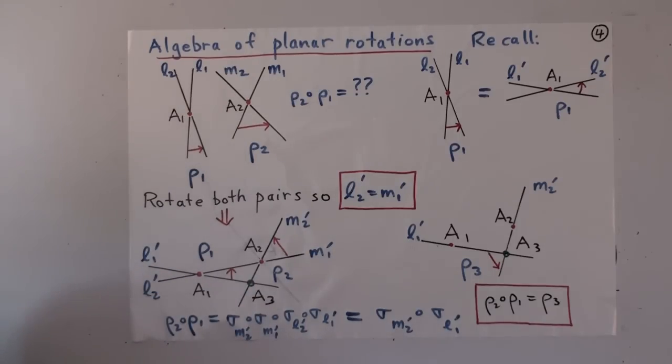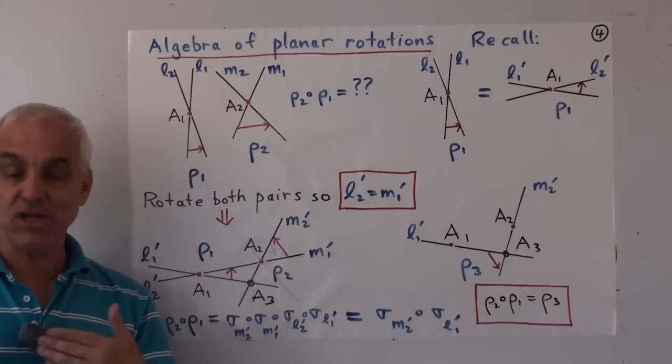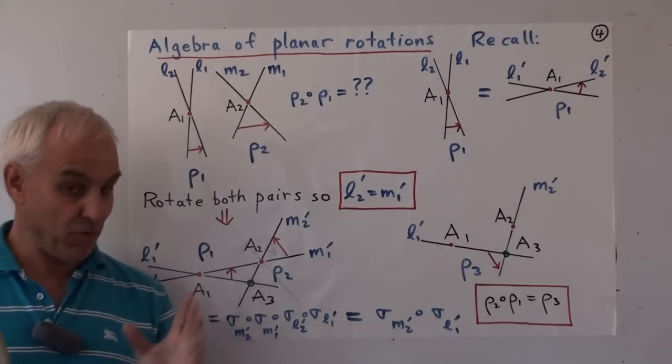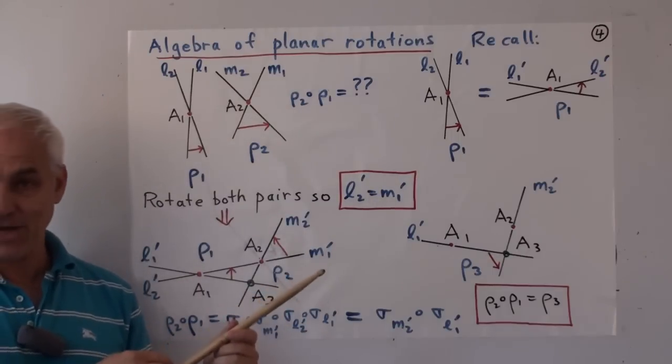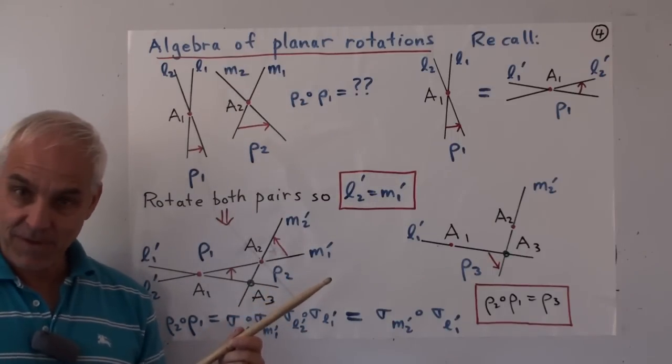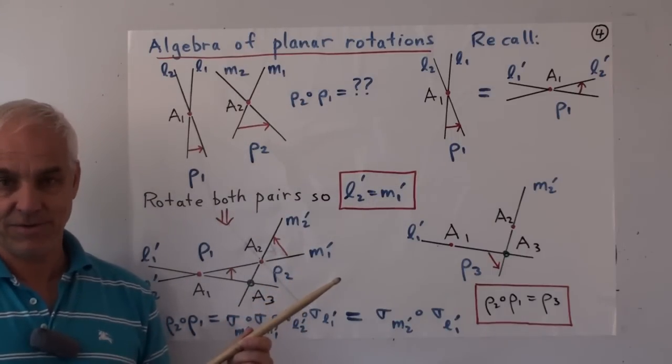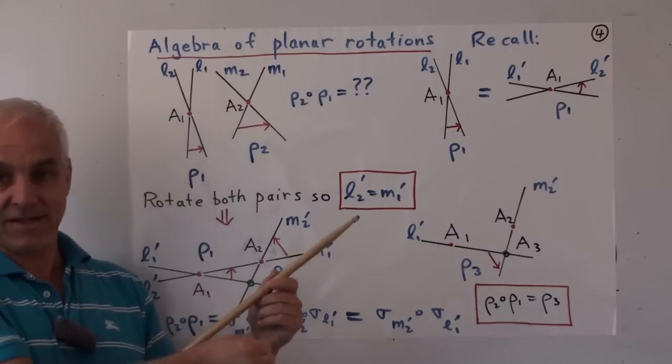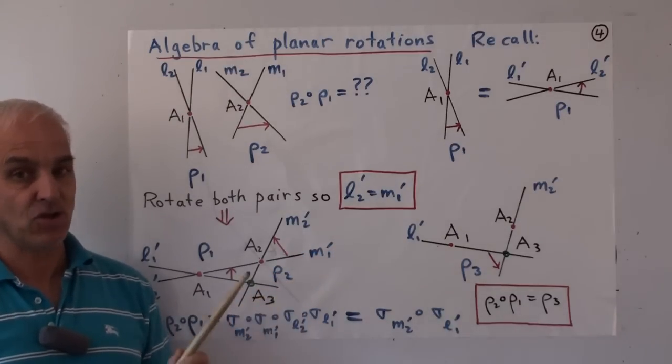Why is that good for us? Well, because it's going to induce a cancellation of reflections. For the simple reason that if you have a reflection in a line and you do it twice, then the effect cancels out. You reflect in a line and then you reflect in the same line, that's the same as doing nothing.